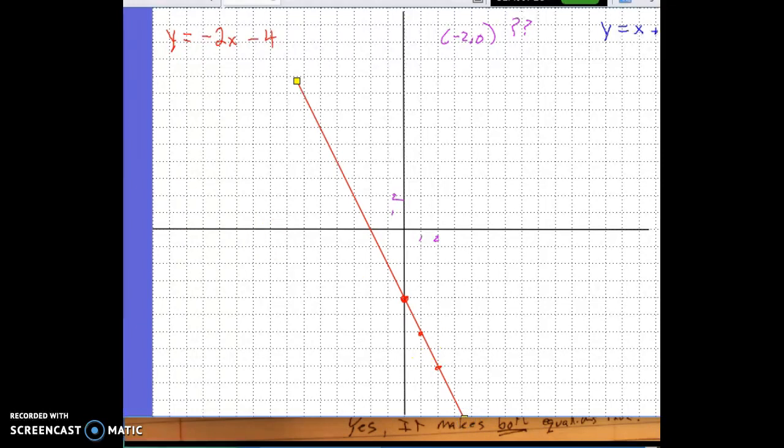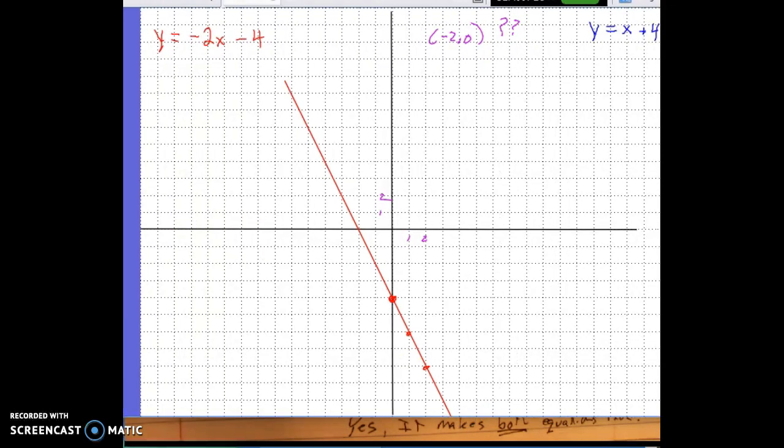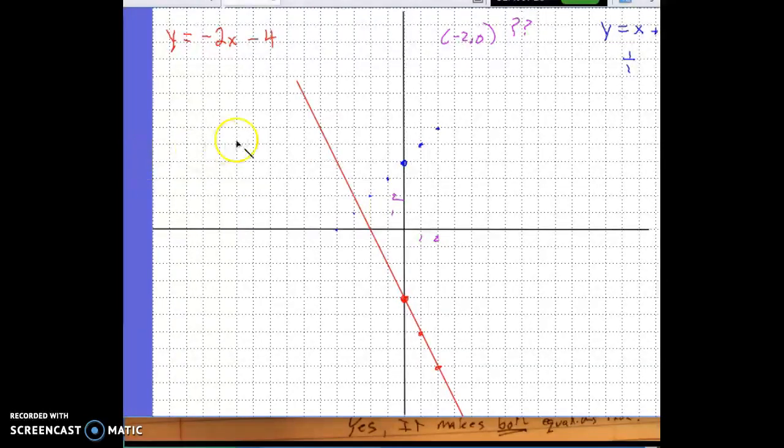And graphing the second one, y equals x plus 4, y-intercept is 4, slope 1, so 1 over 1. So that's right here. Remember, we can rise 1, run 1, or we can go down. So, to graph that is right here.